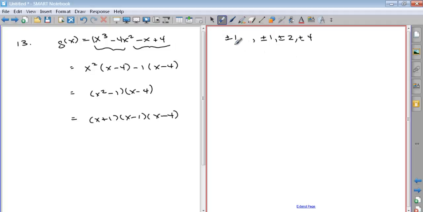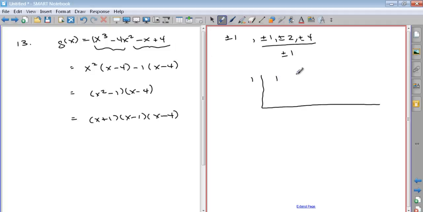So my possible real zeros are these divided by plus or minus 1, which doesn't really change anything. So you can see the zeros are from this list, and you might try x equals 1 and just try it out.